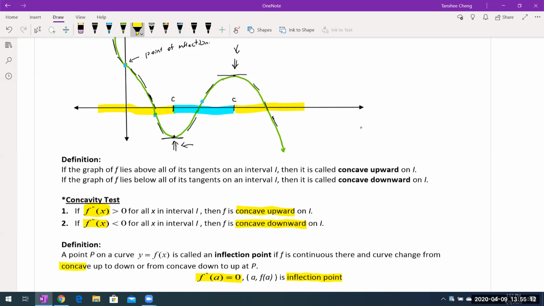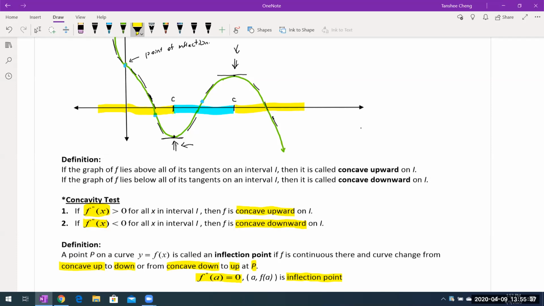This is a key part right here. Or the other way around, from concave down to concave up at the point P. So what is a point of inflection? It is where the concavity changes at that point.